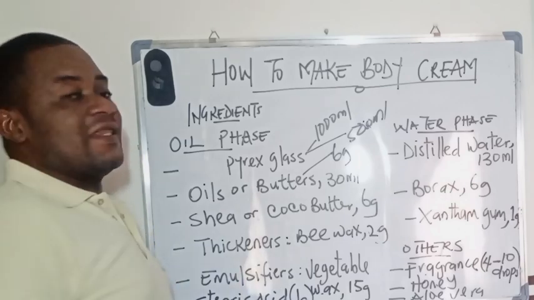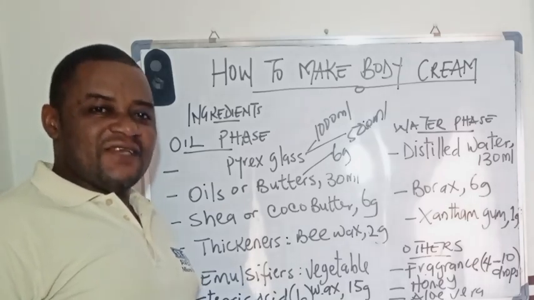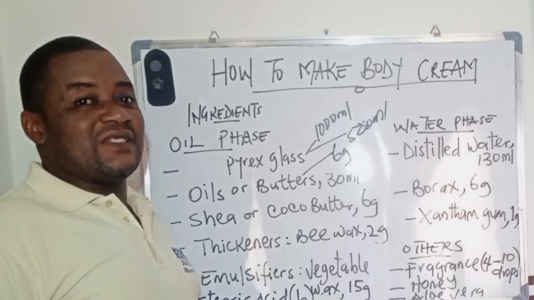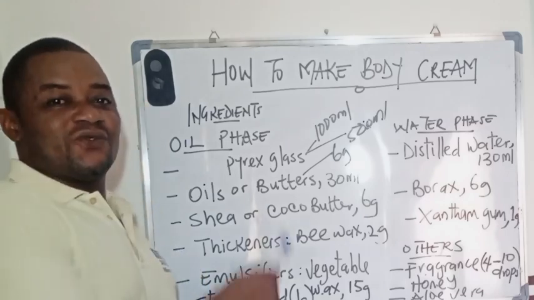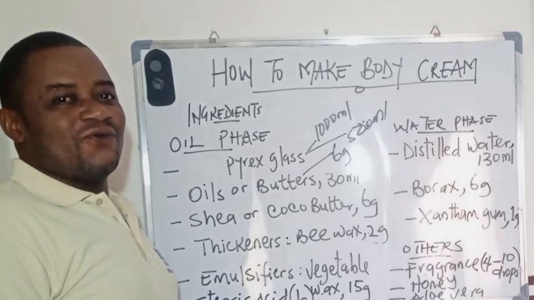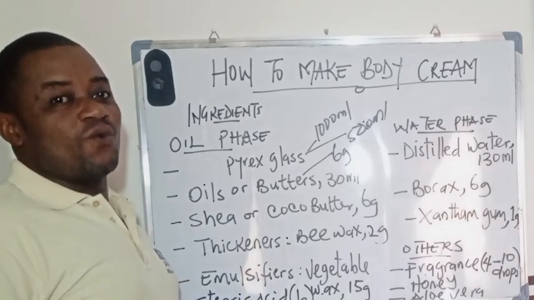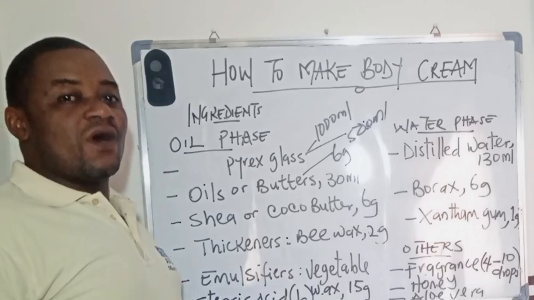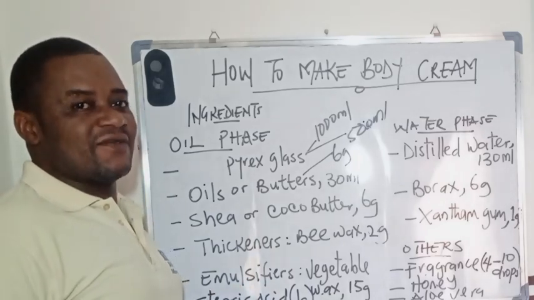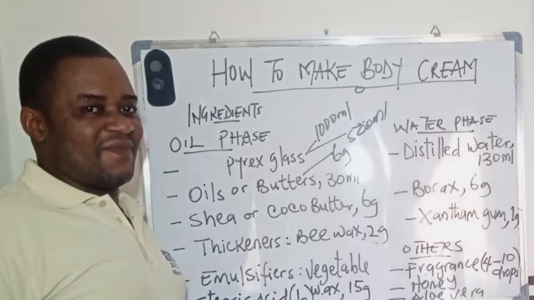And this is just in a very little quantity if it was going to be prepared in a lab. But if you want to prepare this body cream at home, or you want a larger quantity, all you need to do is to duplicate this particular formulation that we have here, or you triple it, or you can multiply it to any number you want, provided you want something in a larger quantity. But let us bring ourselves closer to something smaller so we can build our interest from there.